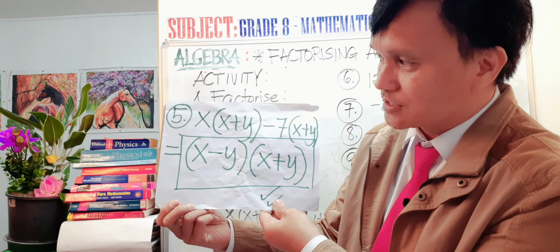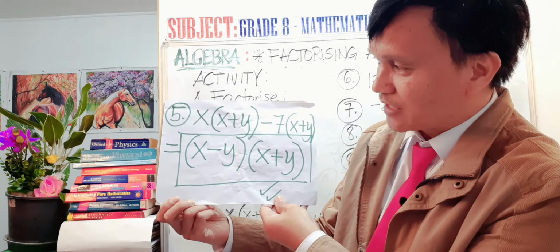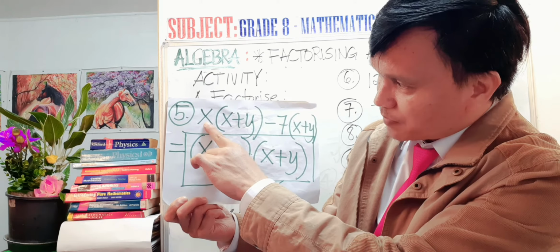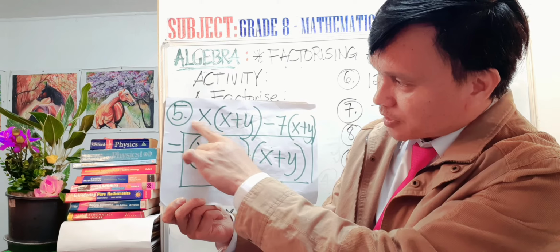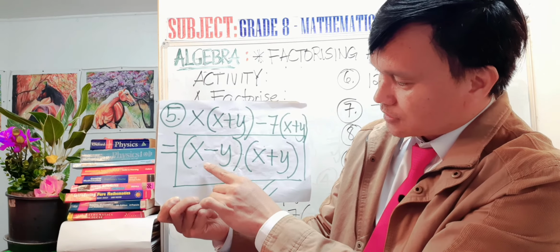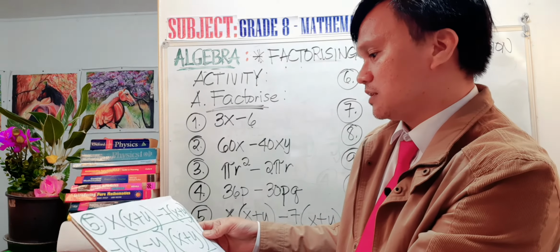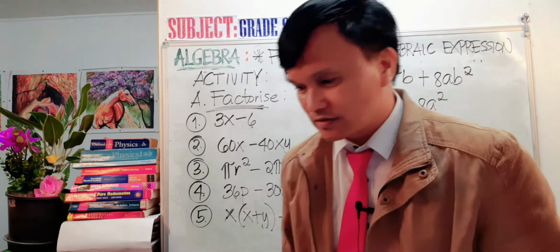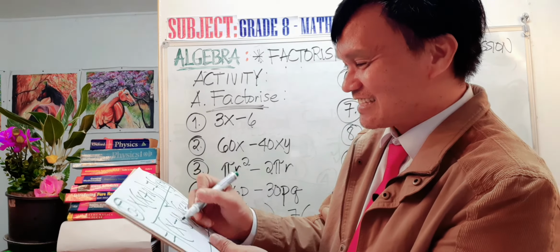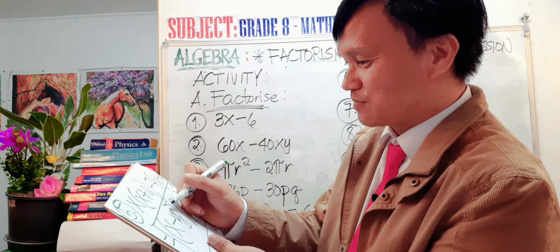This is the factorized form of the given expression. You copy this positive x and combine it with minus 7. So, x minus 7. This is supposed to be 7.